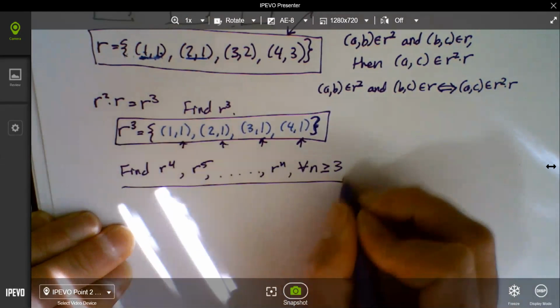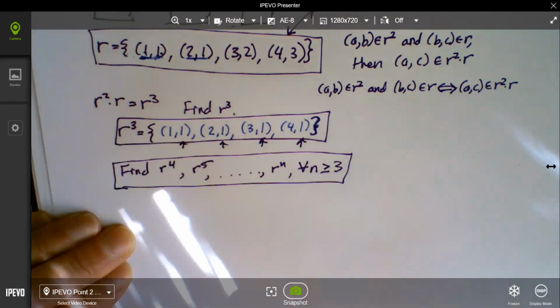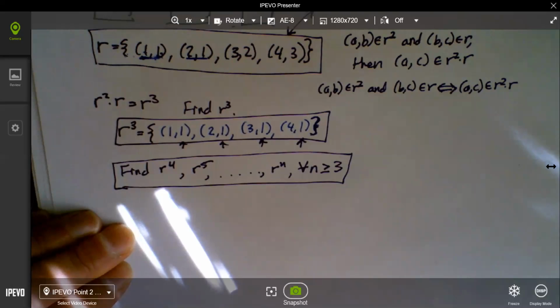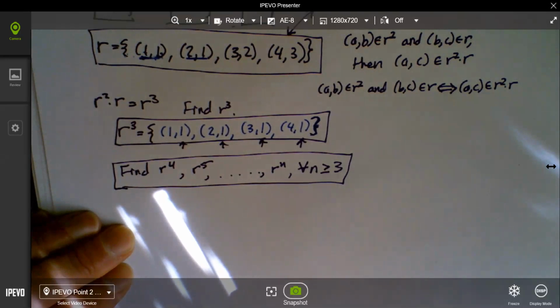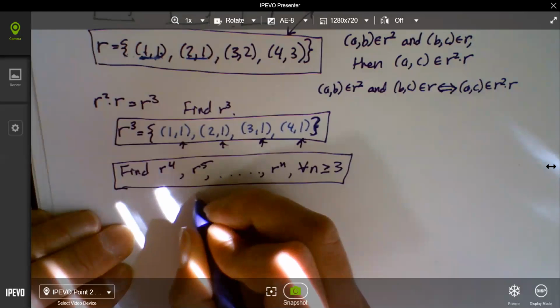This seems like I'm asking you to do something that would take infinite time, but you can do this in finite time, and you could even do it with a proof. This is my challenge for you.